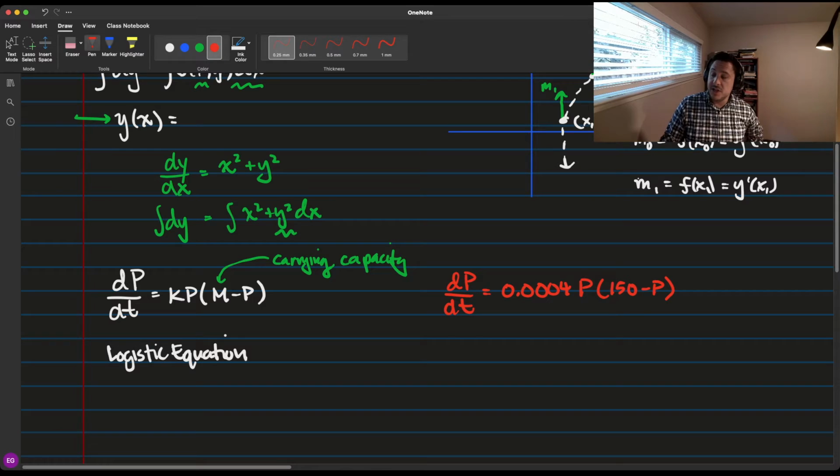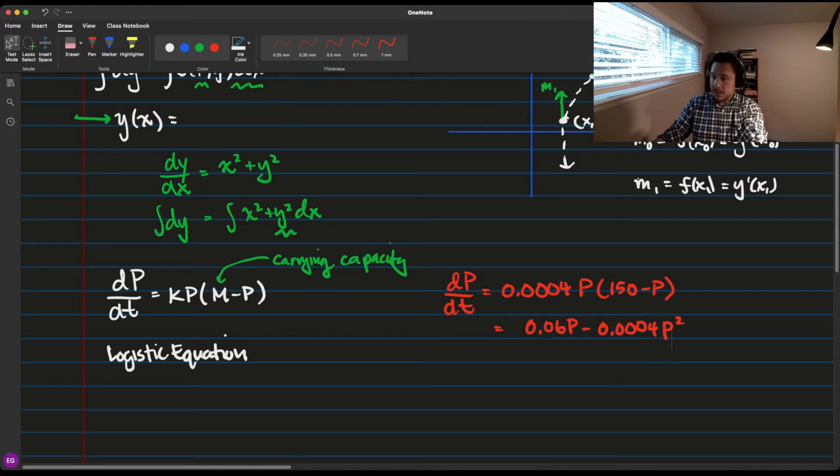So the rate of change of the population is equal to the current population times 0.0004 times the difference of the max and what you currently are. If you multiply this through, you get 0.06 p minus 0.0004 p squared. Okay, so let's look at the slope field for this.